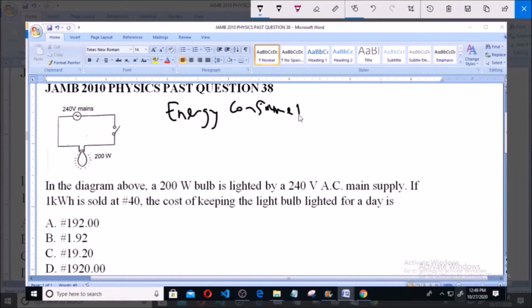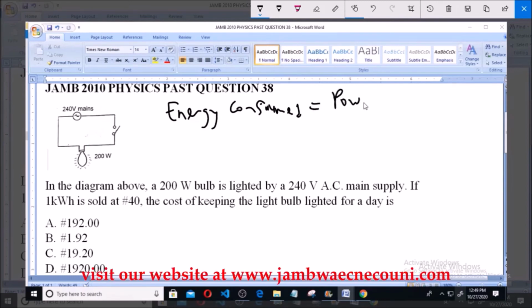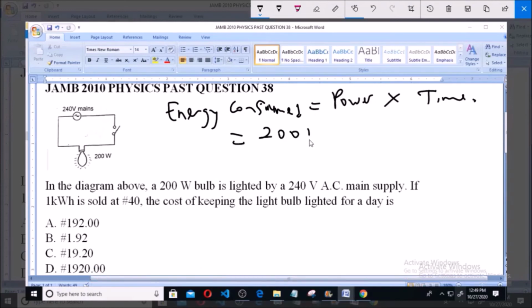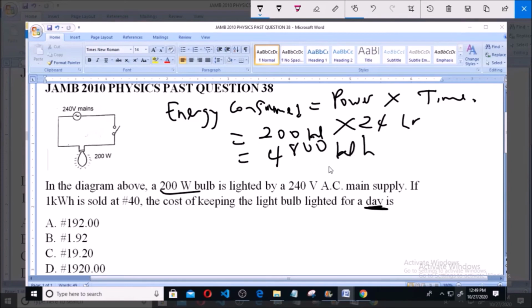So it's important to note that energy consumed in a setup like this is equal to the power multiplied by time. In this case the power is 200 watts, and the time is 24 hours, that is 1 day. We are asked for when the bulb is lighted for 1 day at this power, which is the power of the bulb. So 200 watts times 24 hours is equal to 4,800 watt hours.